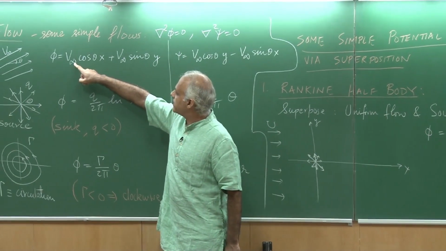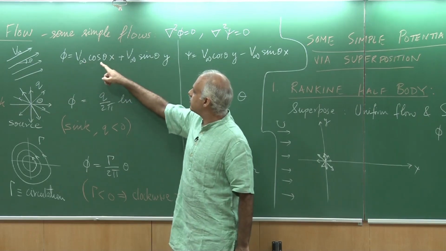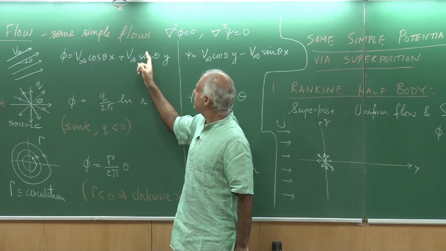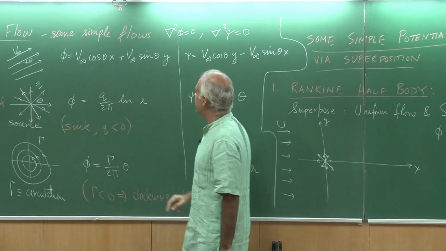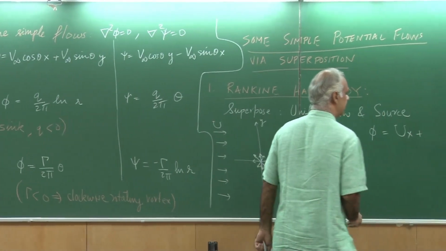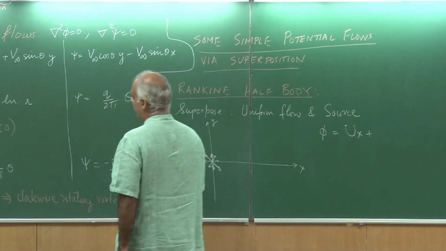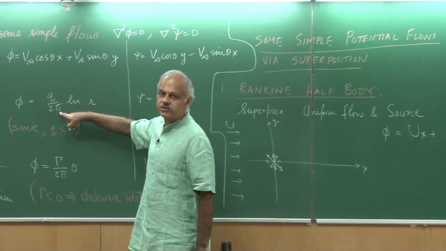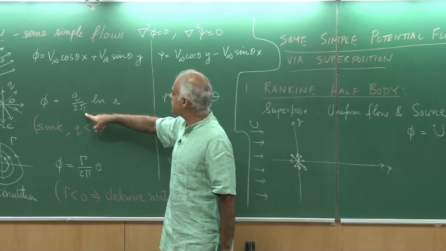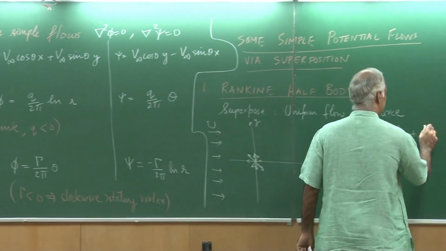Okay, so I have replaced v infinity with u, and because theta is 0, so cosine theta is 1, this term vanishes and I just have x. So u times x, and to this I add the potential due to the source, and right here I have the potential due to source, Q divided by 2 pi times natural log of r.